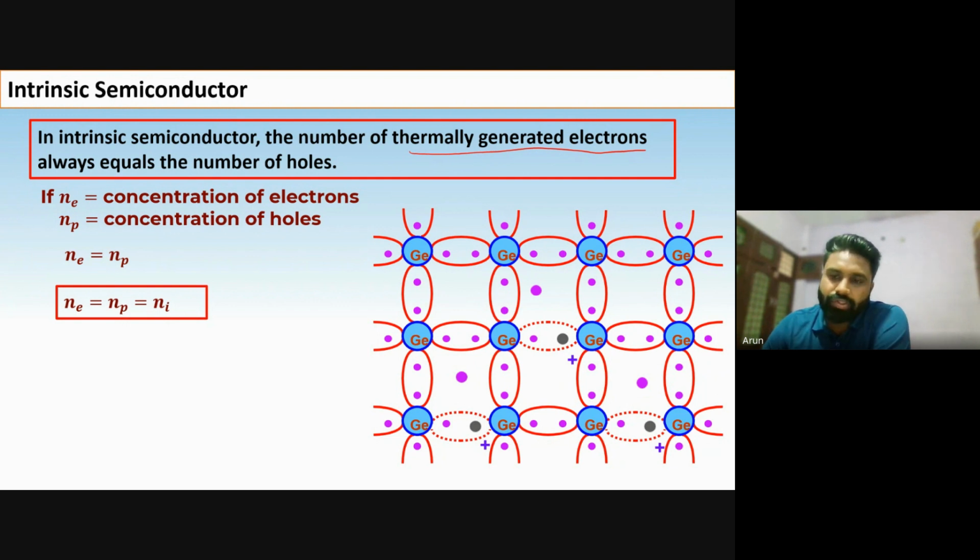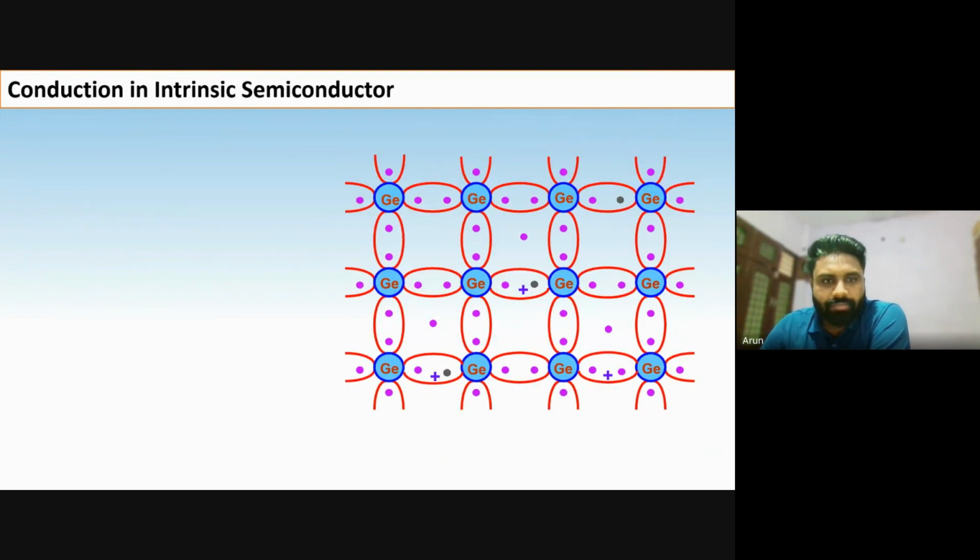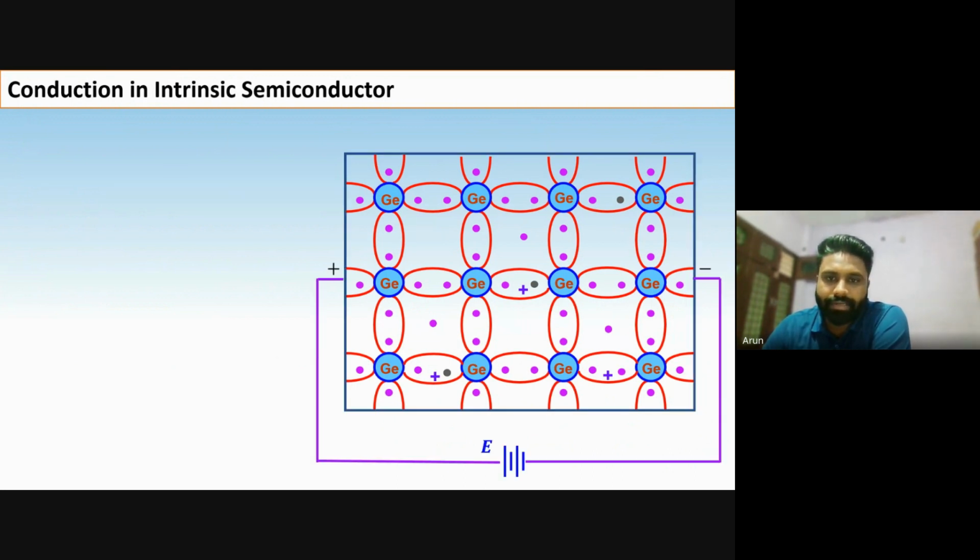And this is equal to Ni, which is the intrinsic charge concentration, or intrinsic carrier concentration. Whichever you can remember easily, you can pick that.